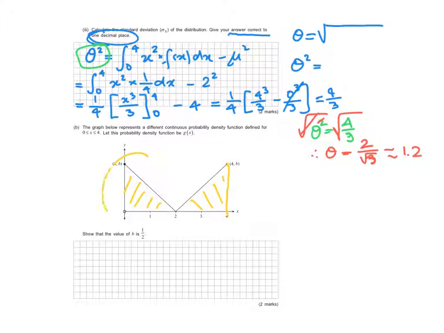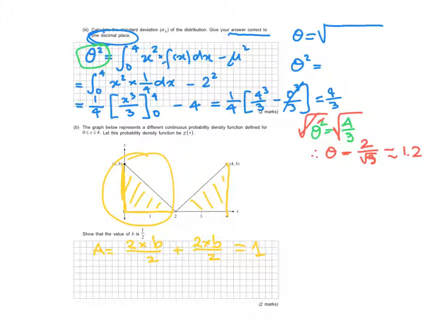You can recognize this shape, it's a triangle. So how do we find the area of a triangle? The area is equal to base, which is 2, times height, which is b, divided by 2, plus the other triangle, 2 times b divided by 2, and we know it has to be equal to 1.